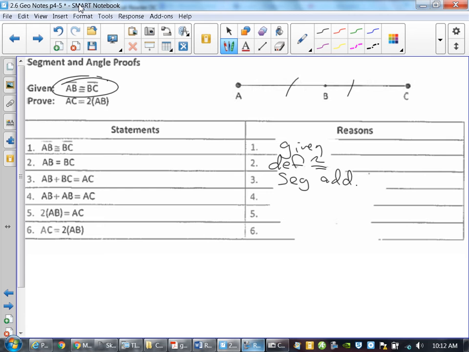Okay. What changes between 3 and 4? Substitution. Notice how it went from AB, BC to AB, AB. Well, why did they rewrite it as AB plus AB? Because AB is BC. Anytime something equals something else, it can be replaced anywhere.